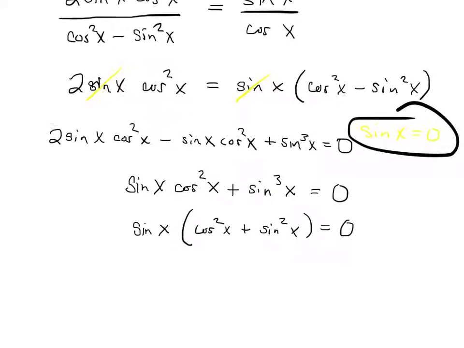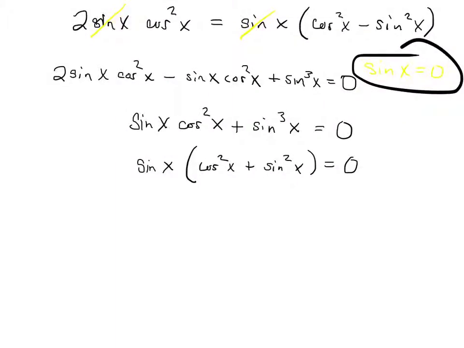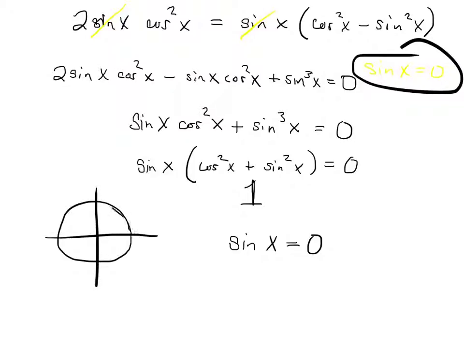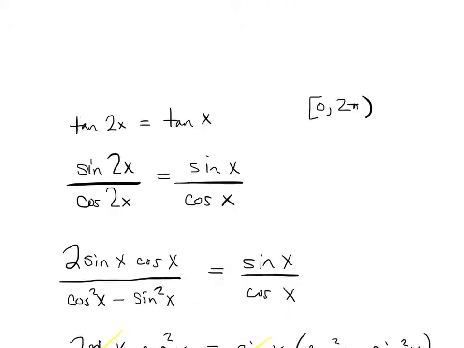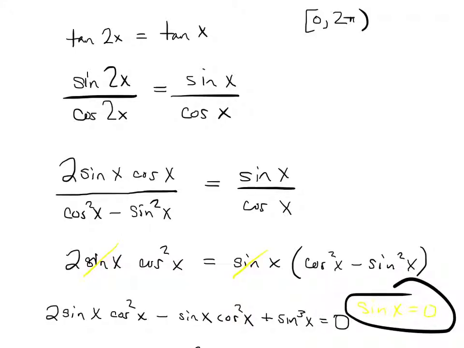So in the end, this is a silly way to write the number 1, which leaves us with only sine x equal to 0. If I'm looking between 0 and 2 pi, this happens right here and right here, which means x equals 0 or pi.